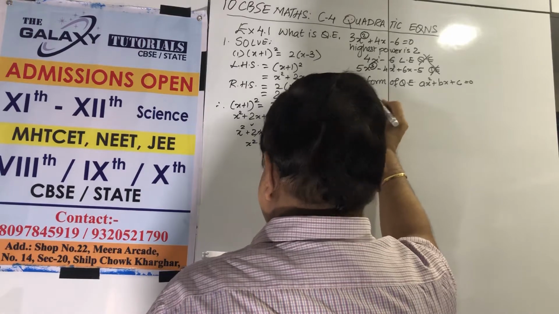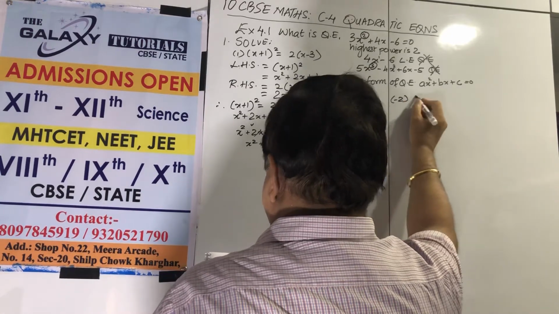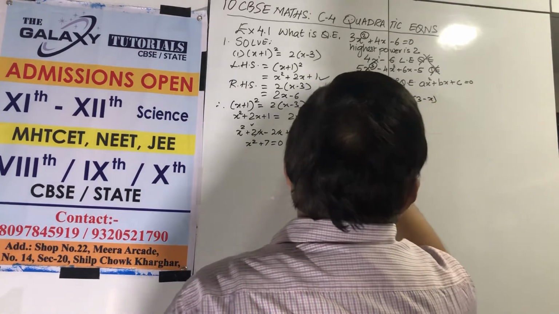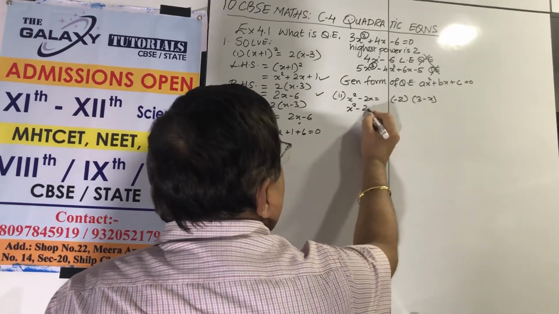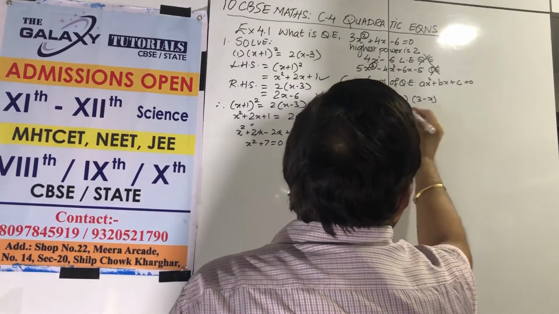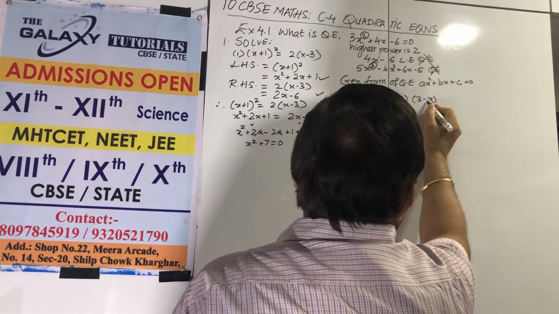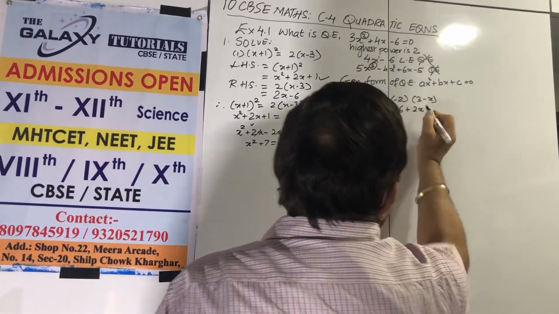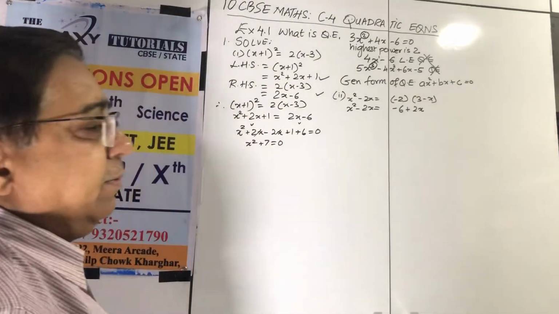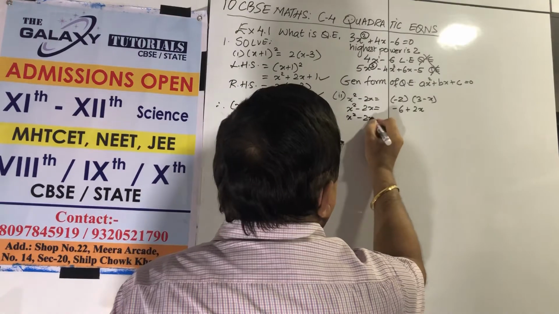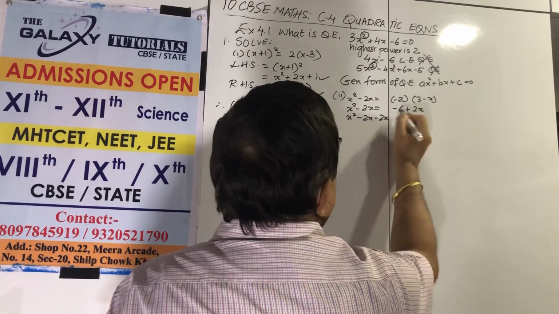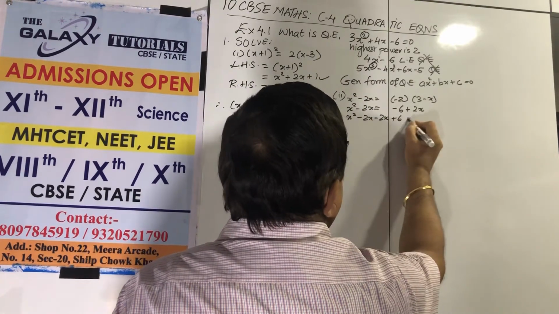minus 2x is equal to minus 2 into (3 minus x). So now we are doing it directly. x square minus 2x is equal to minus 2 threes are minus 6, minus into minus plus 2x. Be careful with the sign. Now x square minus 2x plus 6 is 0.